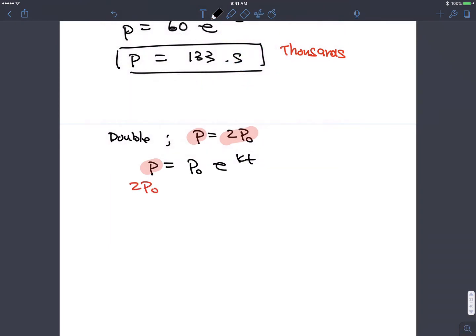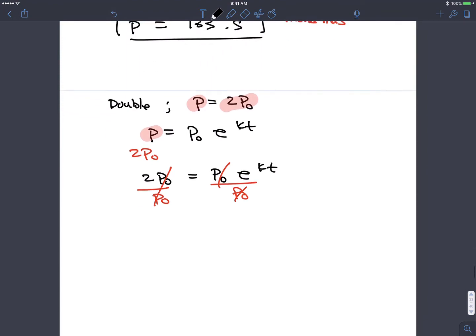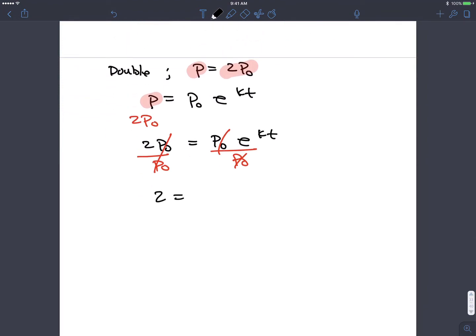And the equation you get is 2P naught is P naught e to the kt. And if I divide both sides now by your P naught again, I get cancellation. And we get 2 equal to e to the kt.